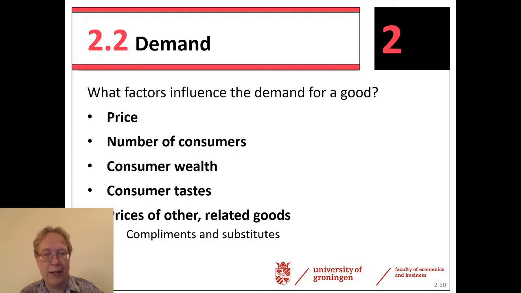So if there are other things that people can buy, for example, cucumbers, then if cucumbers become really, really cheap, that may affect the demand for tomatoes. And again, not really clear in what direction. You could argue if cucumbers are cheaper, people are going to consume fewer tomatoes because they're going to buy more cucumbers instead.